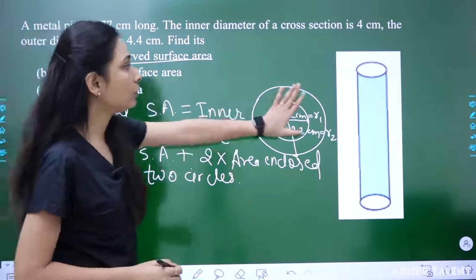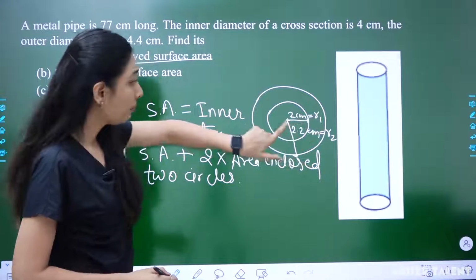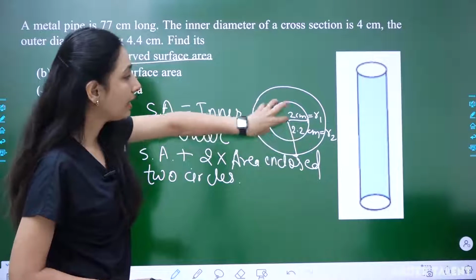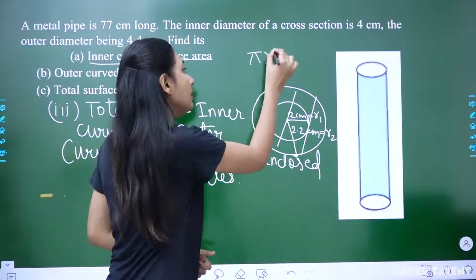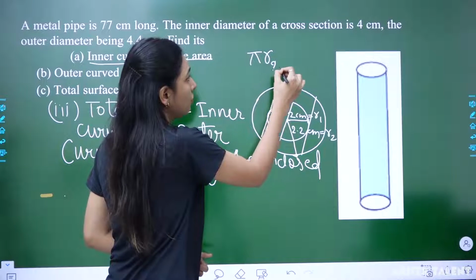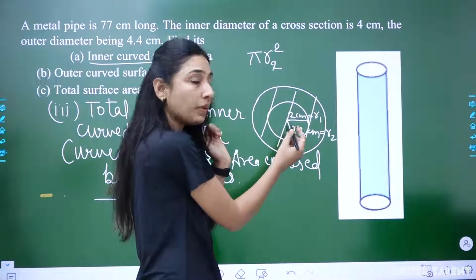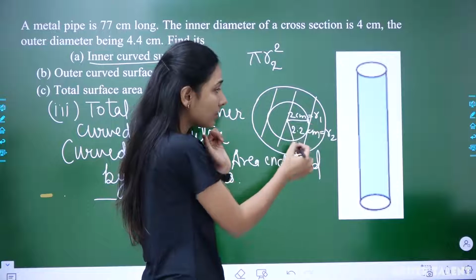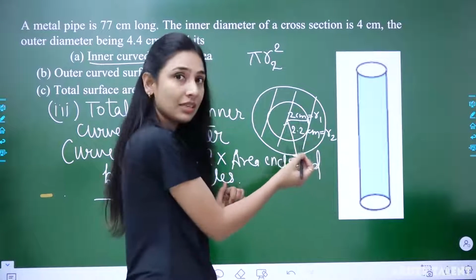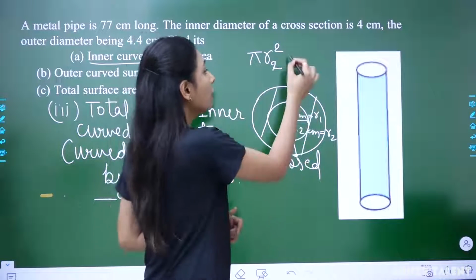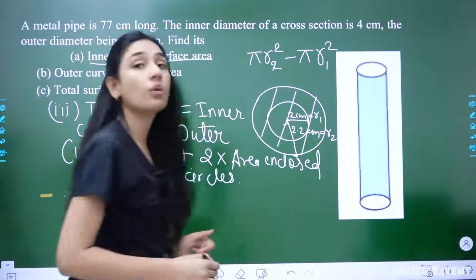Now, this complete area is pi R2 square. And you will be subtracting, because this is the hollow part, this particular area from it. And this area is what? This is 2 centimeter, which is equal to R1. So we will be subtracting pi R1 square.